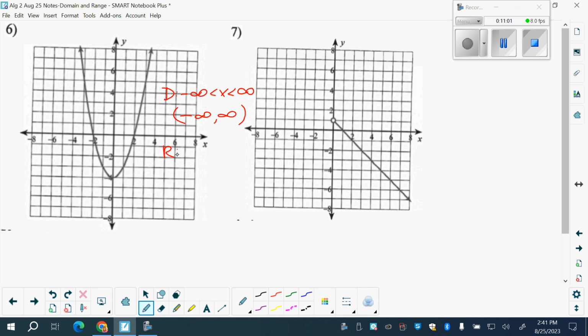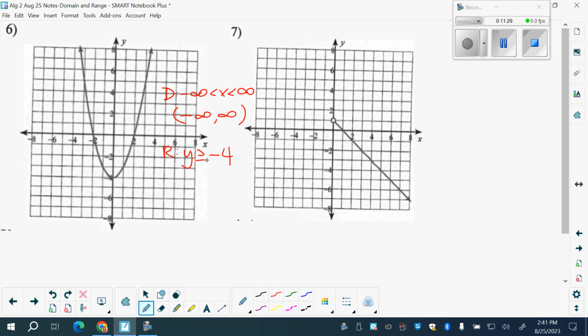And then what about the range on this one? Can you tell us what the range would be on this one? So the -4, good. And what about -4? Our y value has what relationship to -4? Very good.